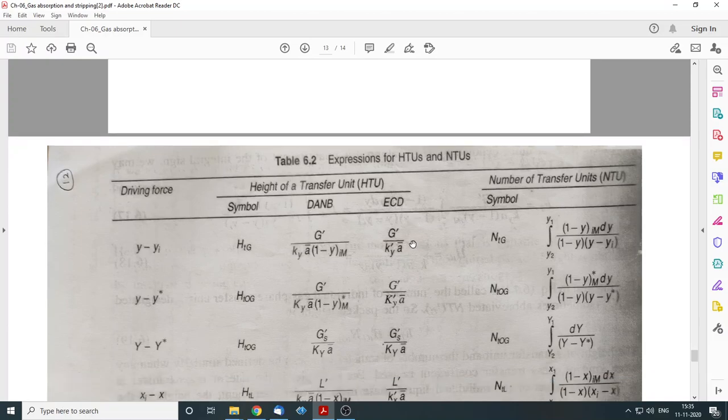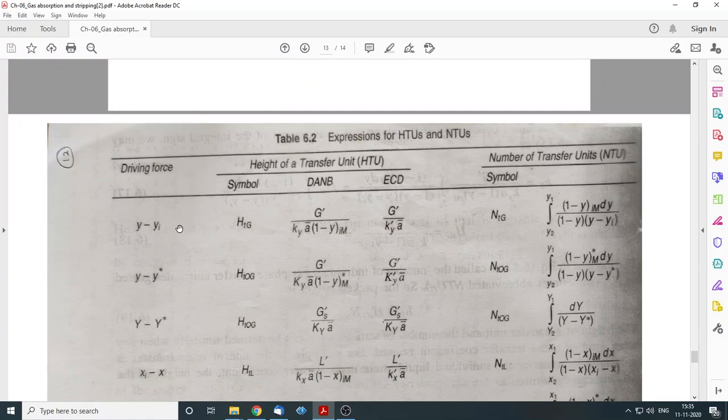if you see that overall expression of HTU and NTU, this is the expression. If the driving force is Y minus Yi, that means based on gas phase, HTG, for DNB, which means diffusion of A through non-diffusing B, G dash by K dash Y (1 minus y)iM, and for equimolar counter diffusion it will be this one, and number of transfer unit will be this.